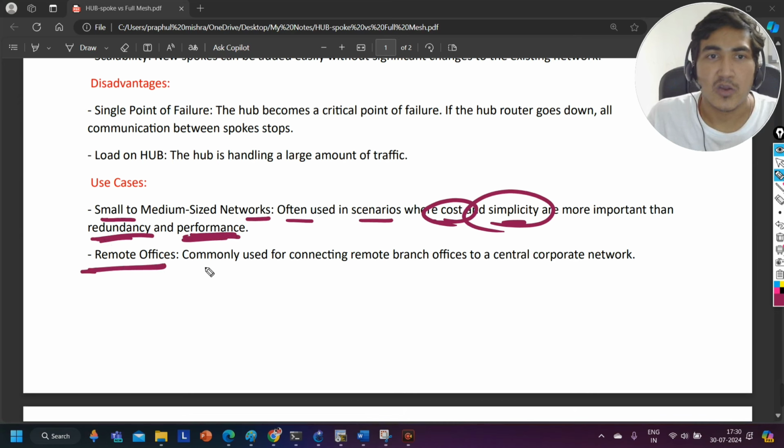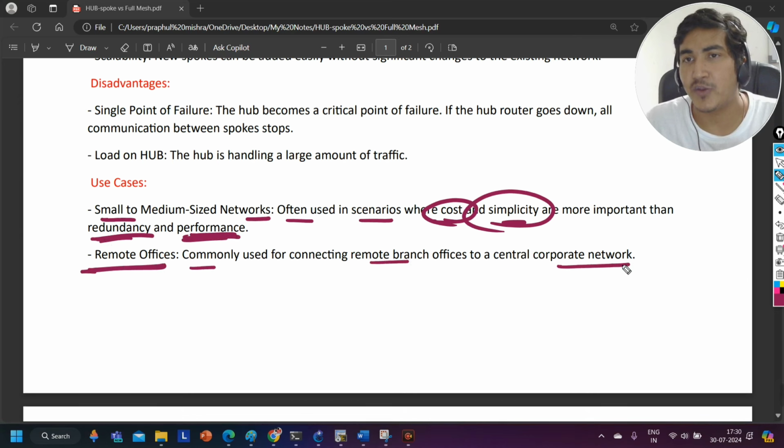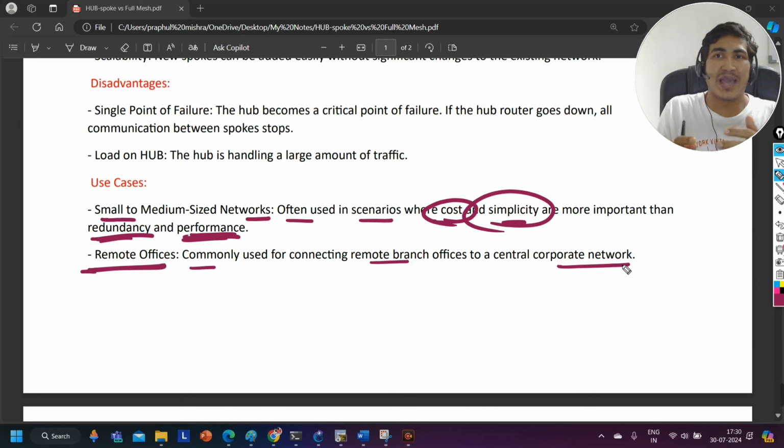Remote offices: it is commonly used for connecting remote branch offices to a central corporate office. Let's say a large enterprise company needs to add one branch office somewhere. So what they can do, they can use hub and spoke topology, right? They can install one router at that branch, and then they can connect that router to the main office with the help of hub and spoke.